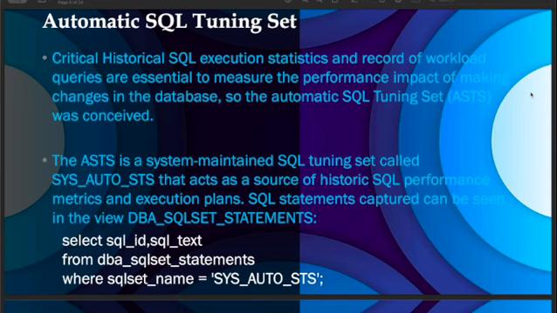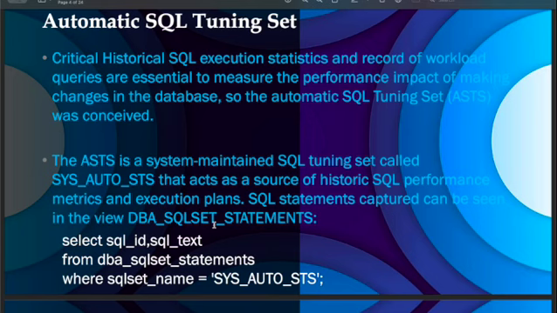The ASTS, automatic SQL tuning set, is a system maintained SQL tuning set called sys_auto_sts that acts as a source of historic SQL performance metrics and execution plans. SQL statements captured can be seen in the view dba_sqlset_statements.